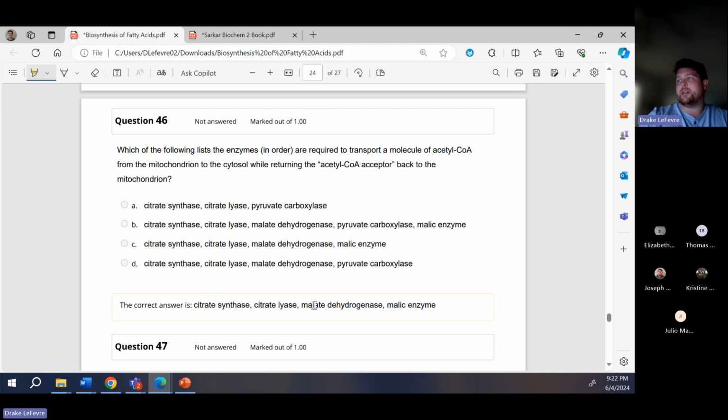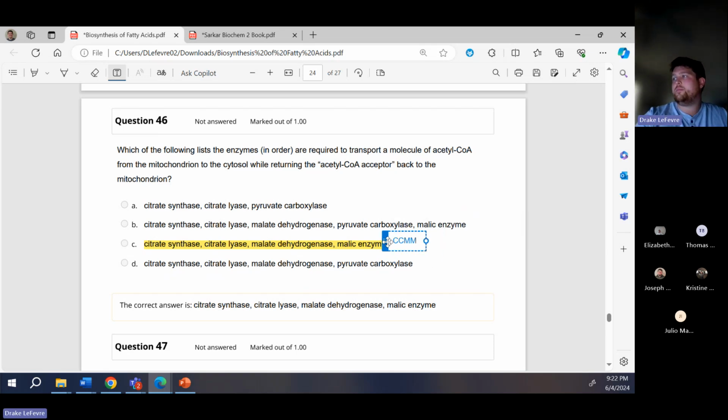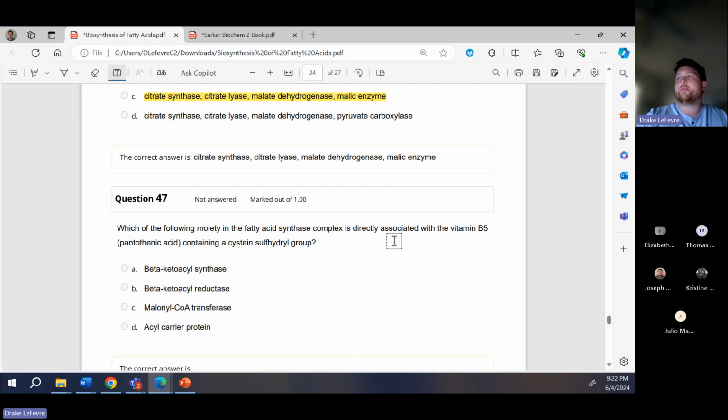Citrate synthase, citrate lyase, malate dehydrogenase, malic enzyme. So if you can remember CCMM, that's good for that whole process. The more little reminders you can have, the better off you're going to be.